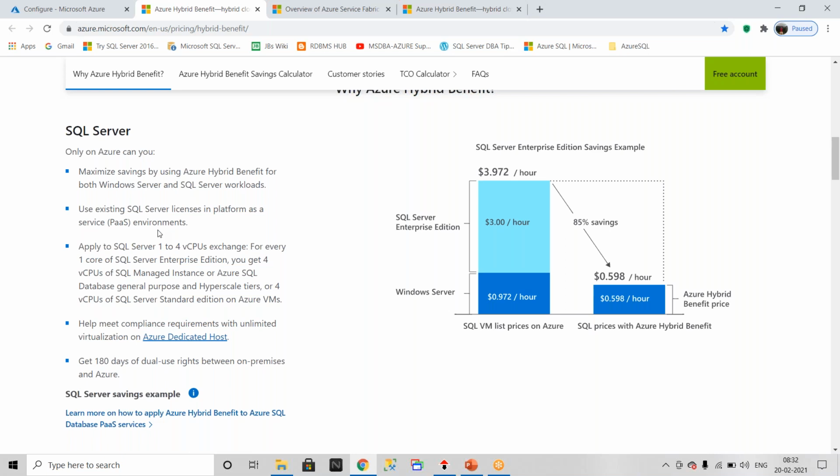Everyone's so silent. Hey, if we have 1 core SQL Enterprise license on-prem, sir, when you go to Azure SQL Database or Azure Managed Instance, you will get 4 core. You can deploy under vCore, hyperscale or general purpose, sir.